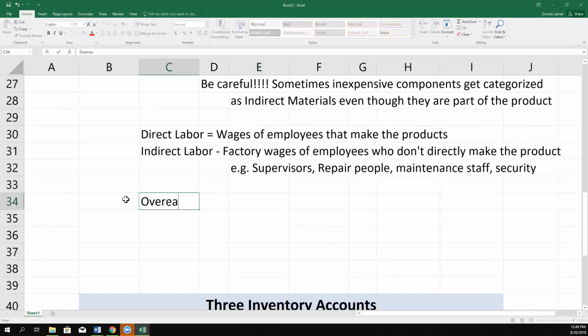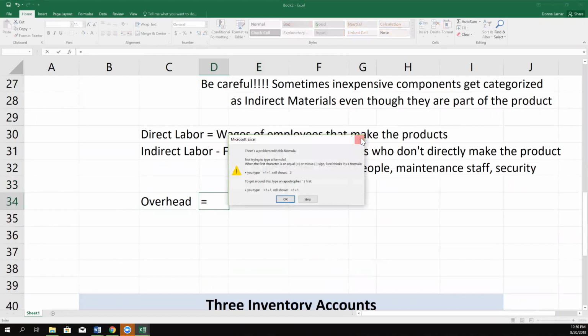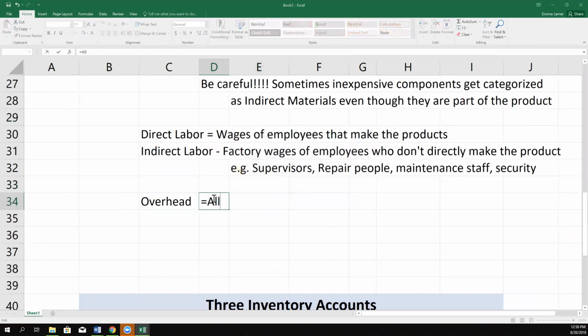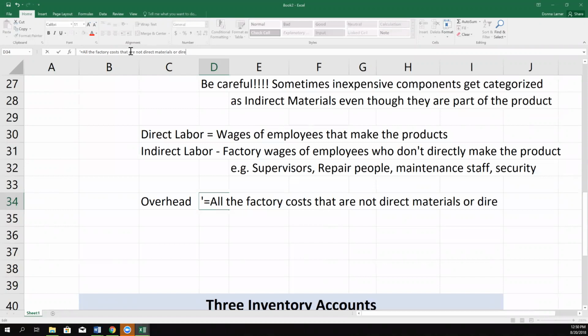And then the final, what is overhead? All the factory costs. Sorry, that equal is going to bother Excel, so I'm going to change it here. So all the factory costs that are not direct materials or direct labor.